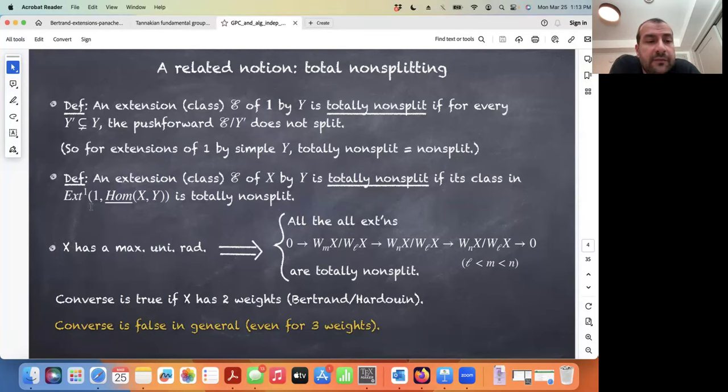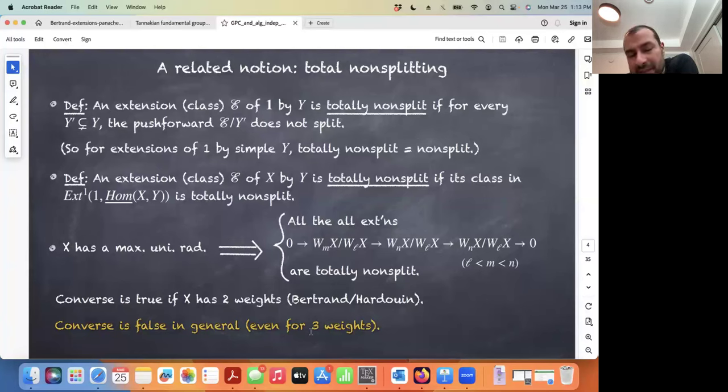Now, if X has a maximal unipotent radical, it's not difficult to see that all the extensions that you get from the weight filtration on X are totally non-split. The converse in general is not true, even if you just have 3 weights.